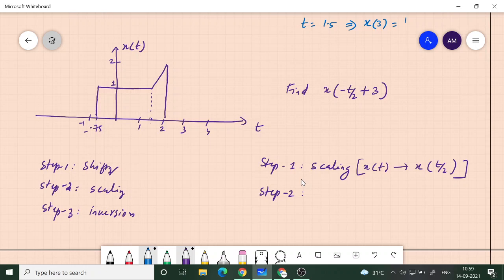Inversion, okay. So inversion means x of t by 2 will go to x of minus t by 2. Yes. Okay, what do you want next? Then shifting by 3 units.